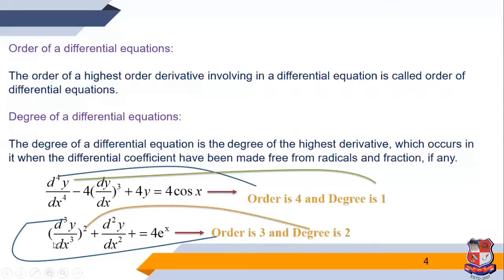And the power of the highest order derivative, that means the degree, is 2. So 2 is the degree of the equation. Again, I repeat, the order is that of the highest order derivative, and the power of the highest order derivative is the degree of a differential equation.